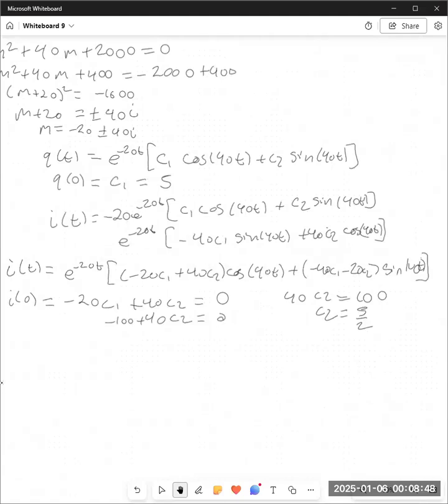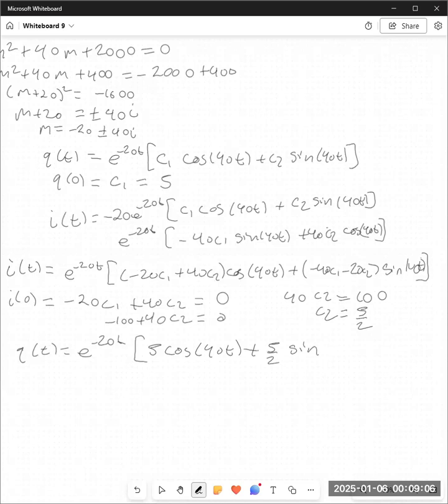Here, we can come back and write Q of t is equal to e to the negative 20t times (5 cosine of 40t plus 5/2 sine of 40t). And we were asked to find out what Q of 100th of a second is.